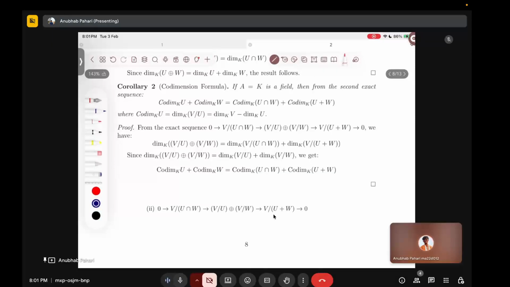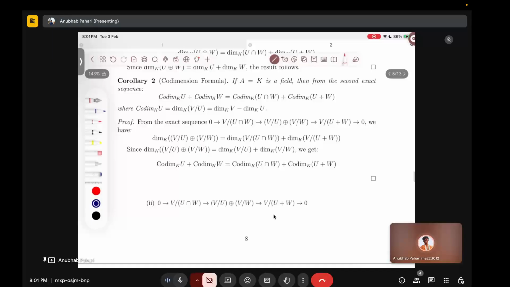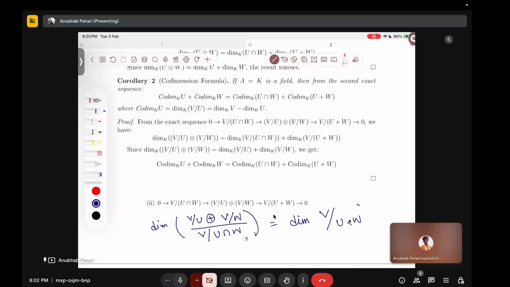What is happening is that we treat them as vector spaces, right? So the dimension of (V mod U direct sum V mod W) by (V mod U intersection W) is the dimension of V mod (U plus W), right?